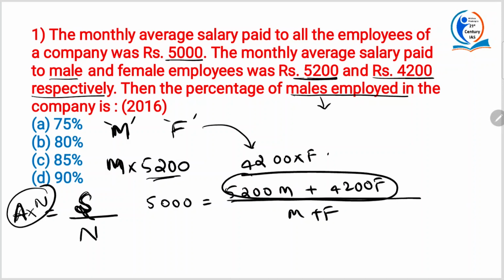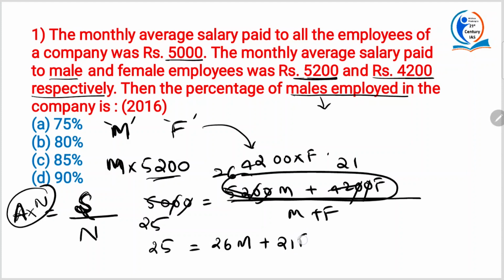Because this is the total salary of all the employees in the company. So zeros gone, and 2 25s are 2 26s are 2 21s are... so you will get 25 is equal to (26M plus 21F) by (M plus F).